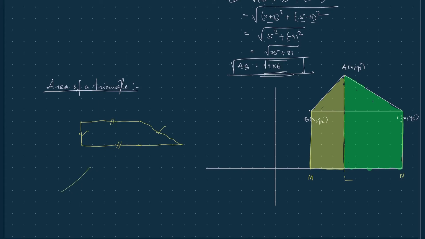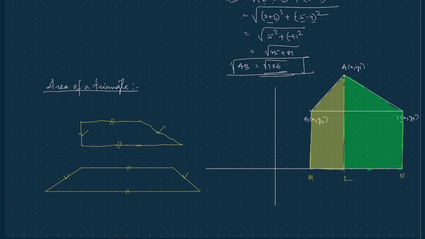This is also another trapezium. Trapezium means only two lines are parallel, but the other two lines are not parallel. This is what we call a trapezium.